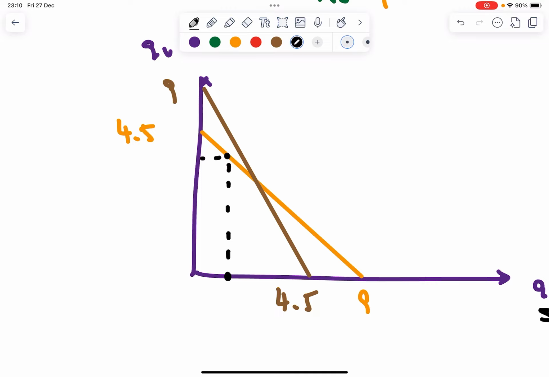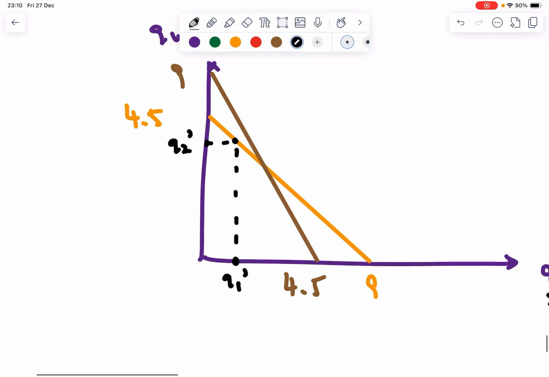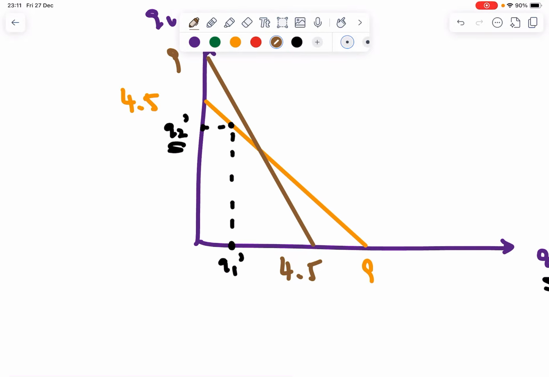So let's say this point is Q1 prime, and this point is Q2 prime, right? But if firm 2 produces at Q2 prime, what does firm 1 want to produce? Firm 1 would instead want to produce at this point, Q1 hat.